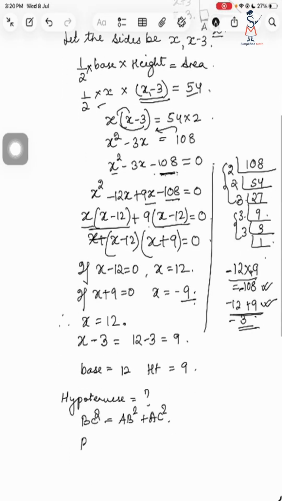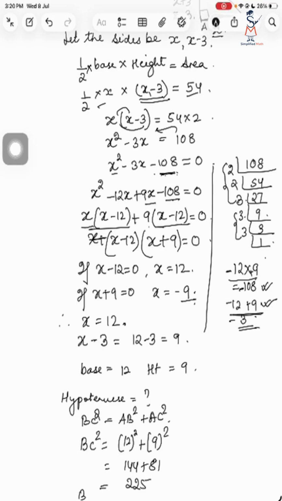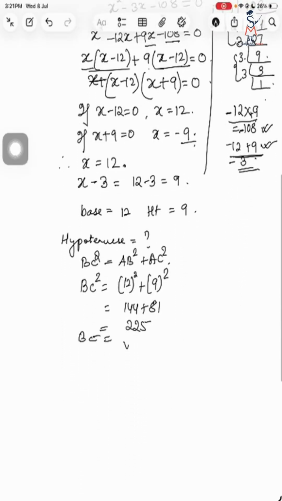So BC square is 12 square plus 9 square, that is 144 plus 9 9s are 81. This 144 plus 81 becomes 225. So BC is square root of 225, that is 15 centimeter.